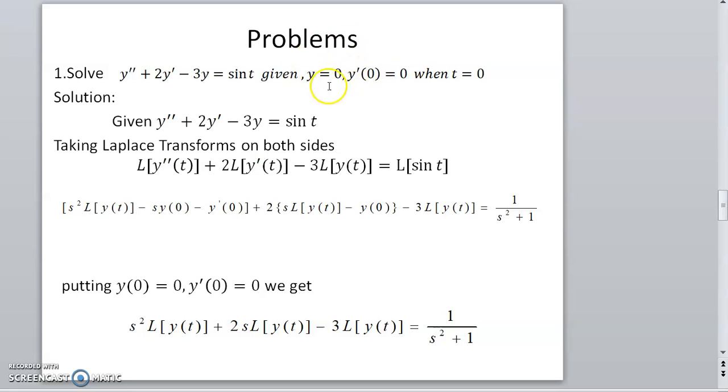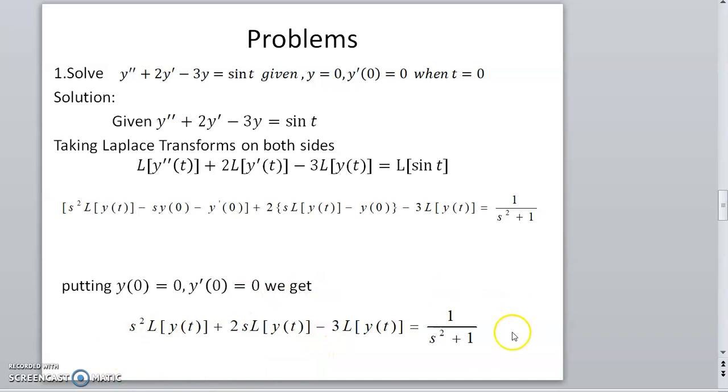To apply the initial conditions, y of 0 equal to 0 and y dash of 0 equal to 0, these two terms vanish and also this term vanishes. We get s squared L of y of t plus 2 into s L of y of t minus 3 into L of y of t equal to 1 divided by s squared plus 1.